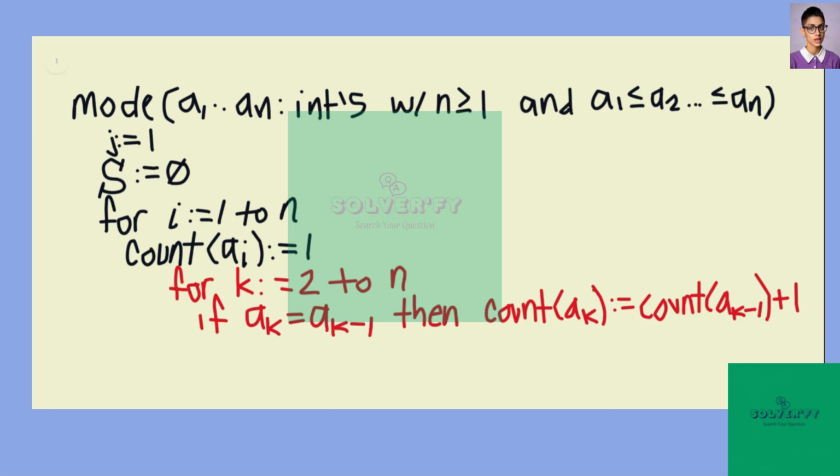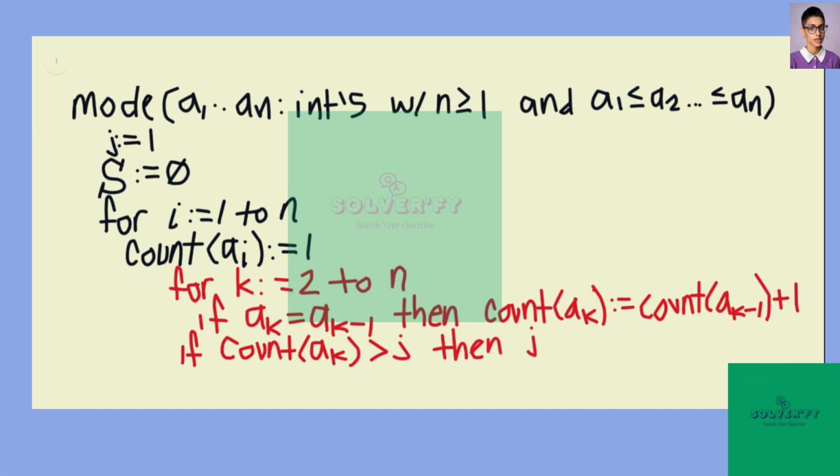Okay, and then we want to say, well, if the number of times this particular element occurs, if that is greater than j, this initial counter we set up, then we will set j equal to that.